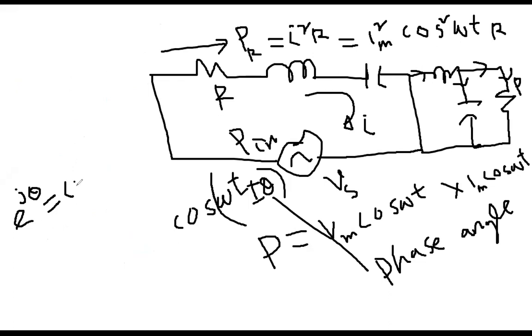Cosine of theta plus j, or i, whatever, j sine theta. Everybody, can you remember this one? This one is called Euler's theorem.